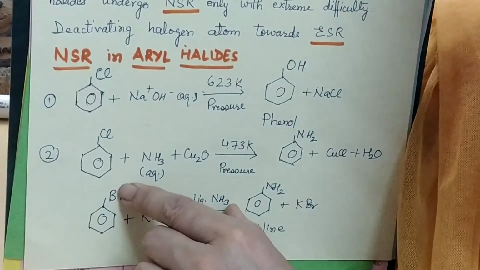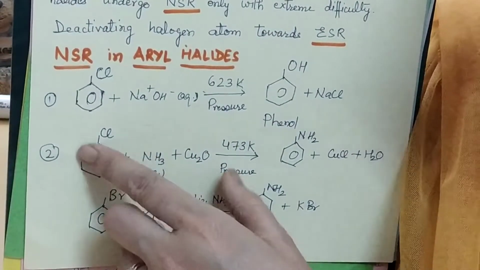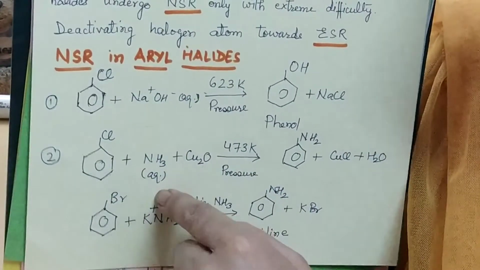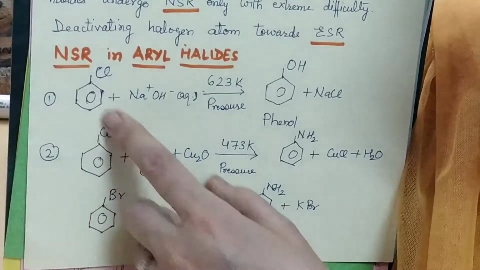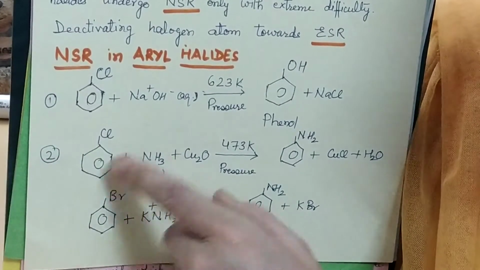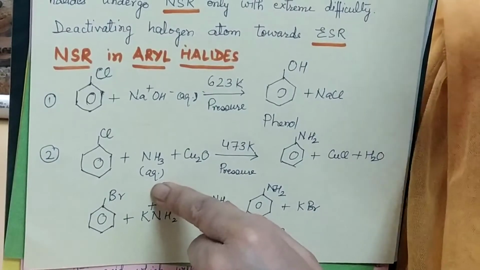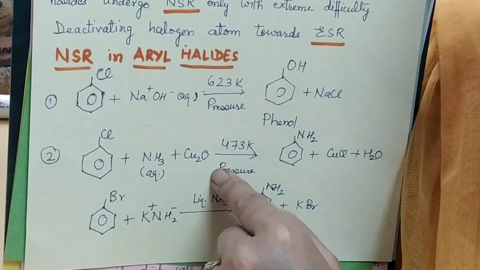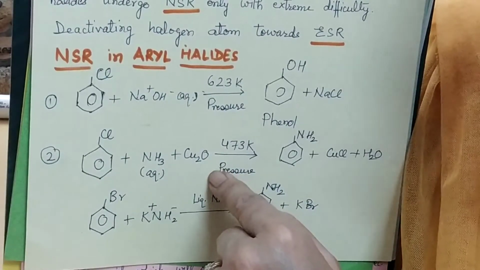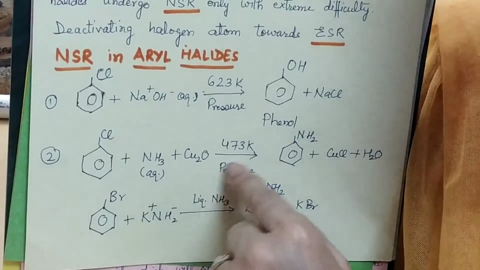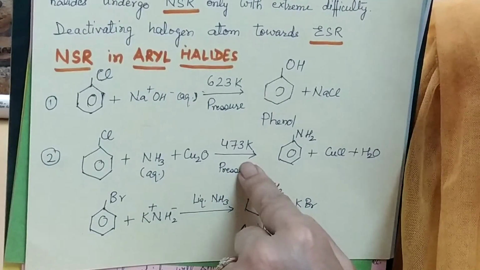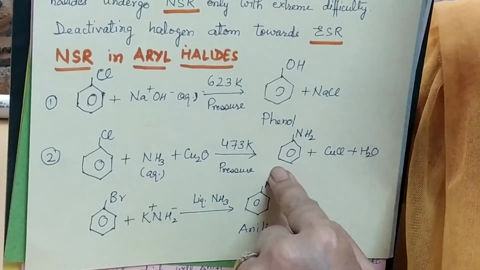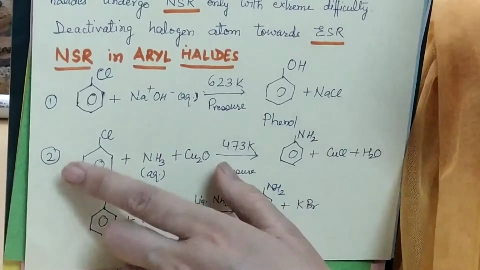The second reaction which I have shown here is the replacement of this Cl group with an NH2 group. When I treat chlorobenzene with aqueous ammonia, I have to use Cu2O, copper oxide, as the catalyst in this reaction, and this catalyst still requires high pressure and a high temperature of 473 Kelvin, so as to give me an NH2 group here instead of Cl.